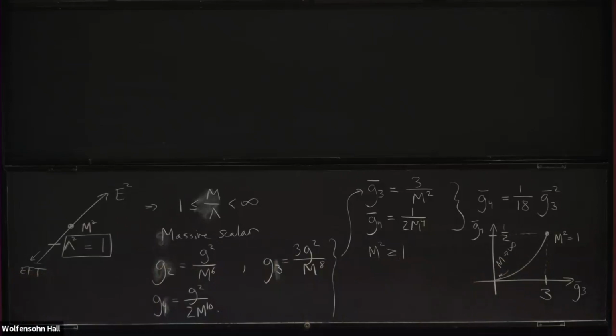I've done two things to eliminate scales. One is that I have looked at couplings that are dimensionless by taking out this lambda scale. The other thing I'm doing is taking these ratios. So these are actually comparing couplings of operators with different dimensions, but it's also just comparing numbers. So the power counting there doesn't really matter. I'm not dividing polynomials with each other. I'm only looking at the coefficients.